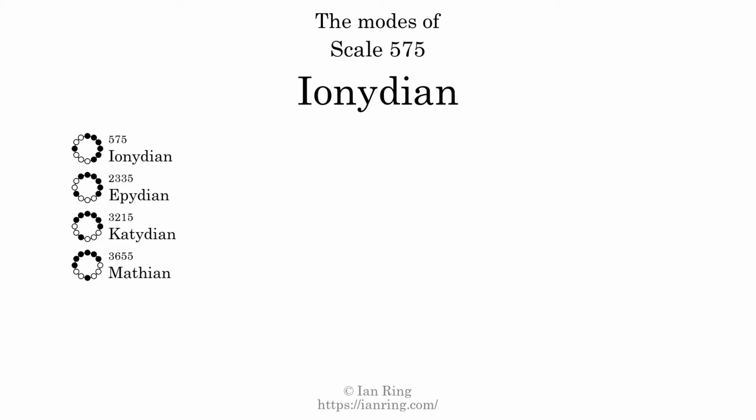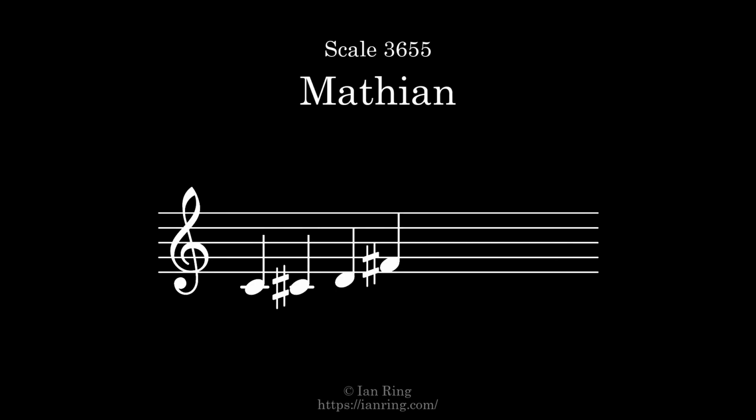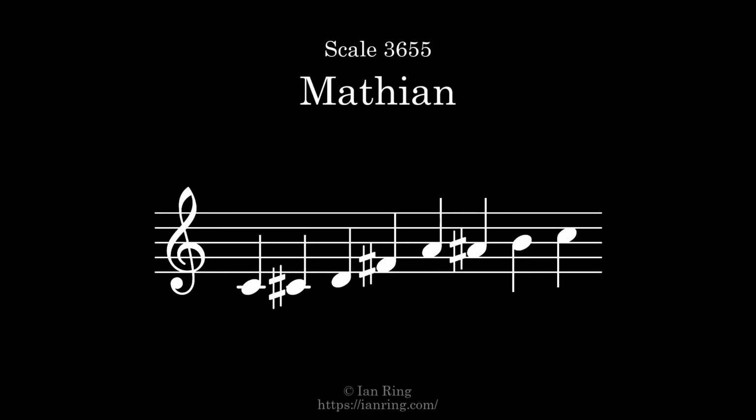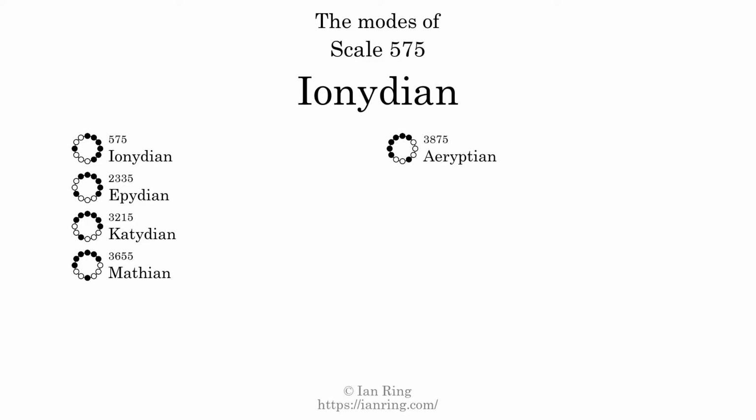The fourth mode is scale 3655, also known as Ionydian. It sounds like this. The fifth mode is scale 3875, also known as Imperfections. It sounds like this.